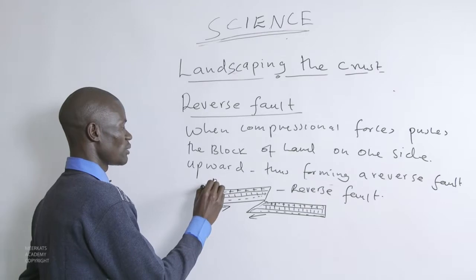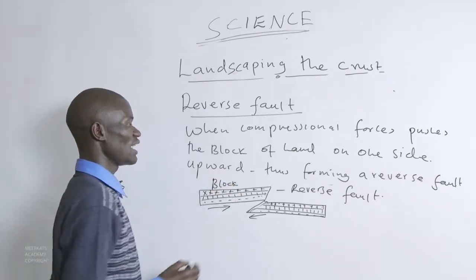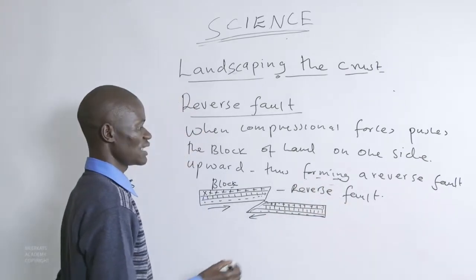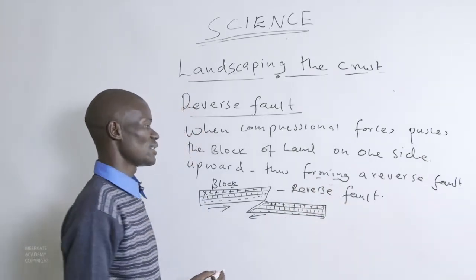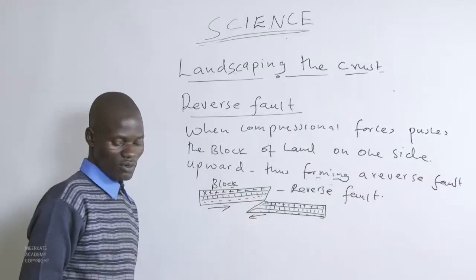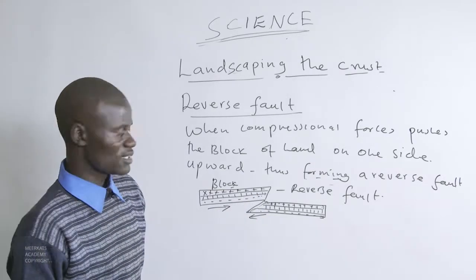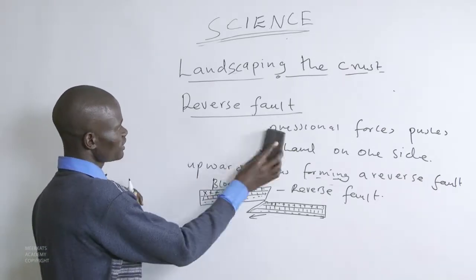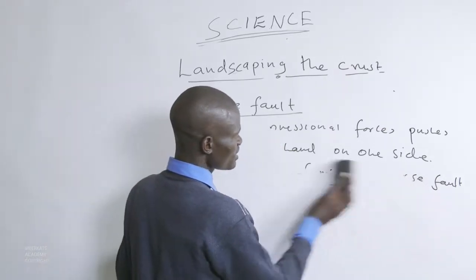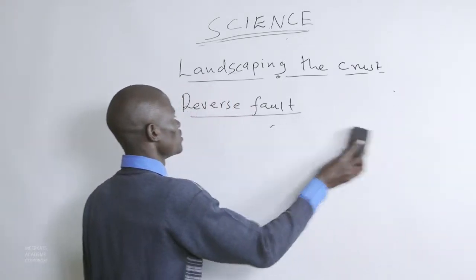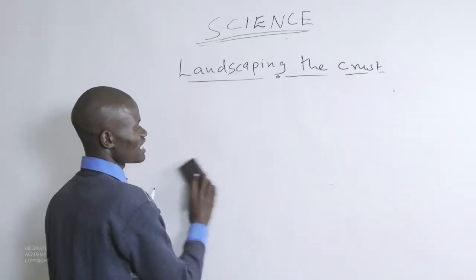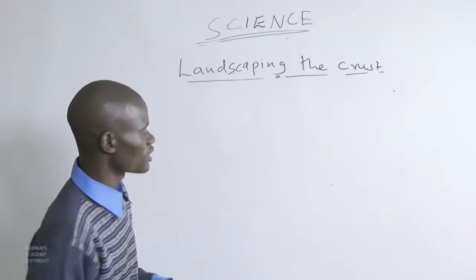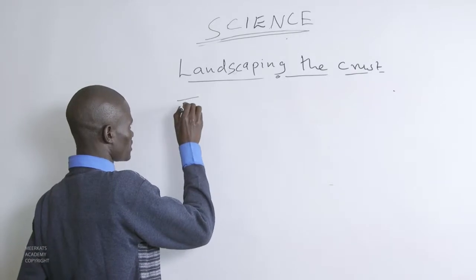You'll find that one block of land has been pushed upward above the other one, the other side, and therefore leading to the formation of what we refer to as a reverse fault, which shapes the landscape of the earth crust. Also, we can look at the transcurrent fault.